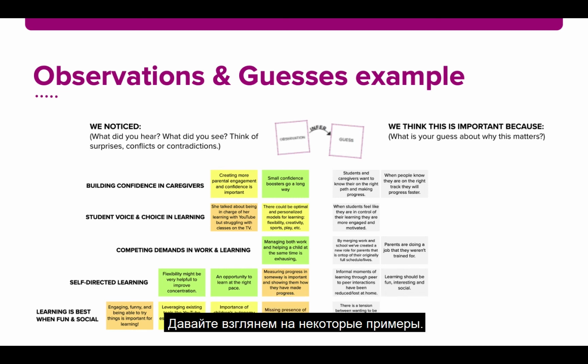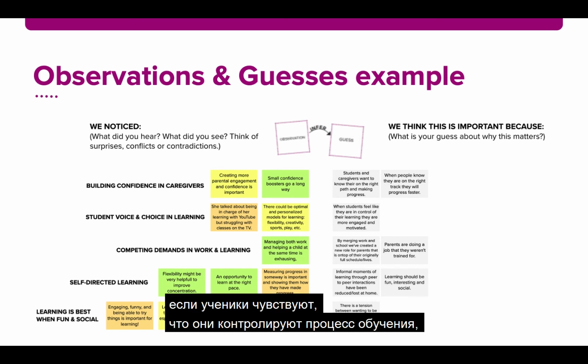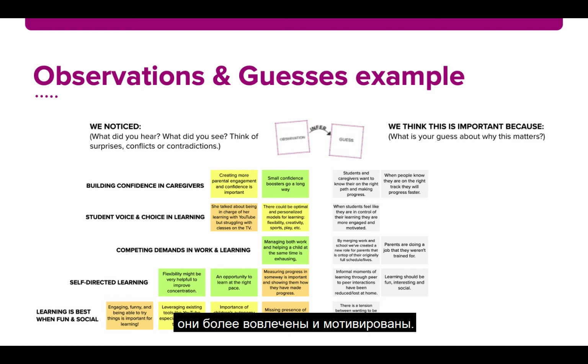Let's look at some examples. One is students and caregivers want to know they are on the right path and making progress. So maybe this tells us a bit more about the importance of knowing if you are doing the right thing or not. Another one says when students feel like they are in control of their learning, they are more engaged and motivated.